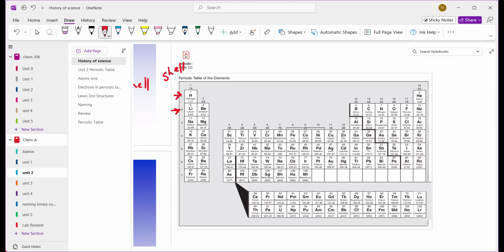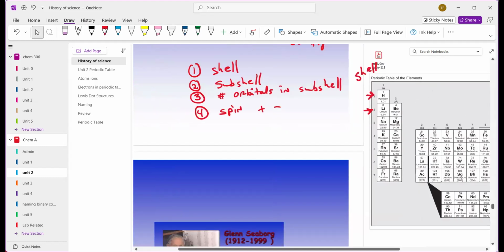Okay, there are basic levels of organization in a quantum mechanical model. The biggest one is called a shell, and then it keeps getting finer and finer after that. So it goes shell, subshell, orbital within the subshell, and then the magnetic spin of the electron. Now, electrons are little magnets, and they have magnetic spin. That's why something is magnetic and something's not.